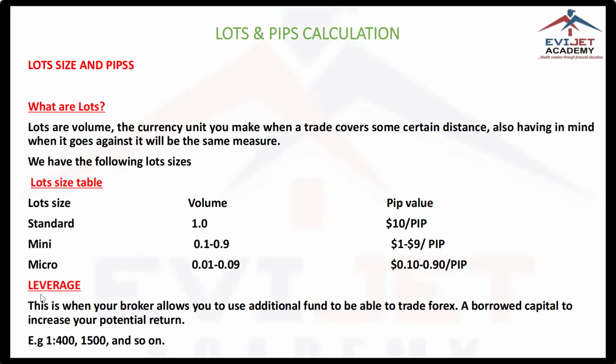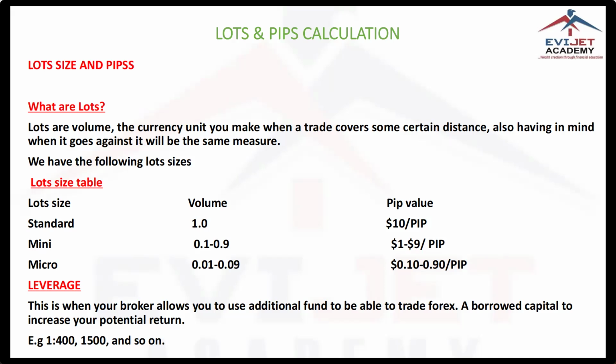Leverage. Now, there's what we call leverage in the market. Ordinarily, you and I are not supposed to be trading in this market because we don't have the money. Prior to the early 60s, late 60s, 70s, trading the Forex market was only by institutions, the banks, the multi-millionaires who can bring in millions into the market.